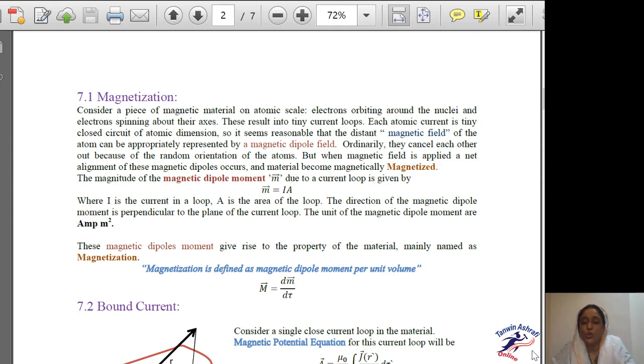The unit of magnetic dipole moment is ampere meter squared. These dipole moments give rise to the property of the magnetic material, and that is known as magnetization. Magnetization, therefore, is defined as magnetic dipole moment per unit volume. That is, capital M, magnetization, is equal to dm divided by d tau.